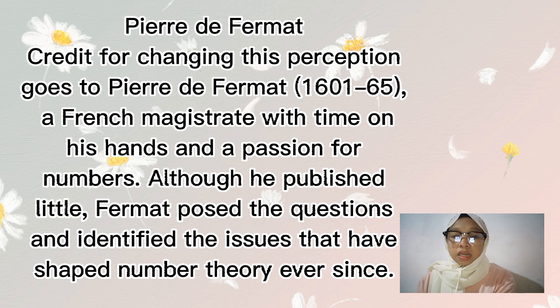He added that he had assuredly found an admirable proof of this, but the margin was too narrow to contain it. In symbols, he was claiming that if n is greater than 2, there are no whole numbers x, y, z such that x to the n plus y to the n equals z to the n, a statement that came to be known as Fermat's Last Theorem.